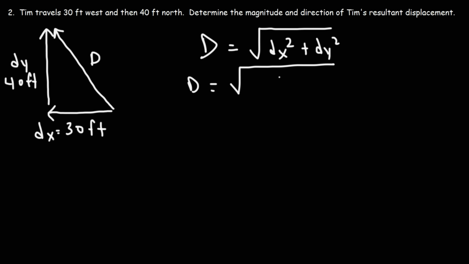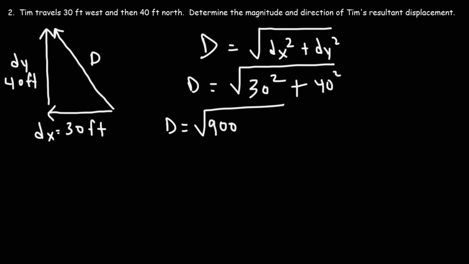So it's going to be the square root of 30 squared plus 40 squared. 30 squared is 900. 40 squared, or 40 times 40, that's going to be 1600. 900 plus 1600 is 2500.